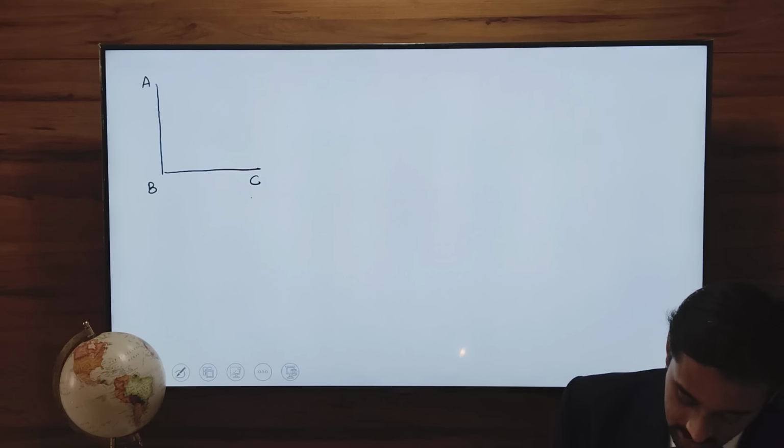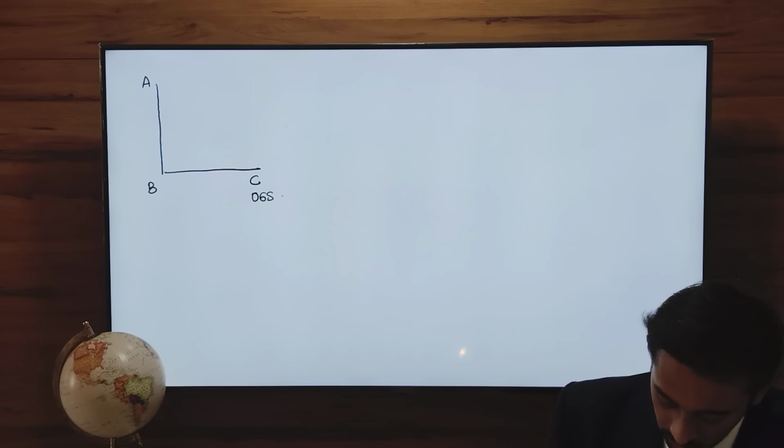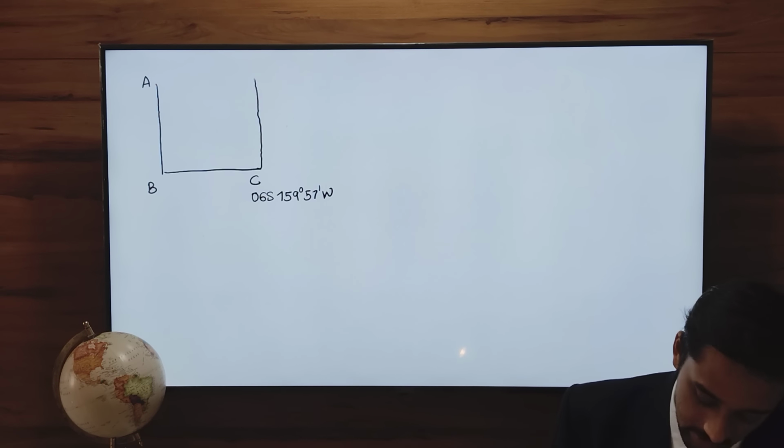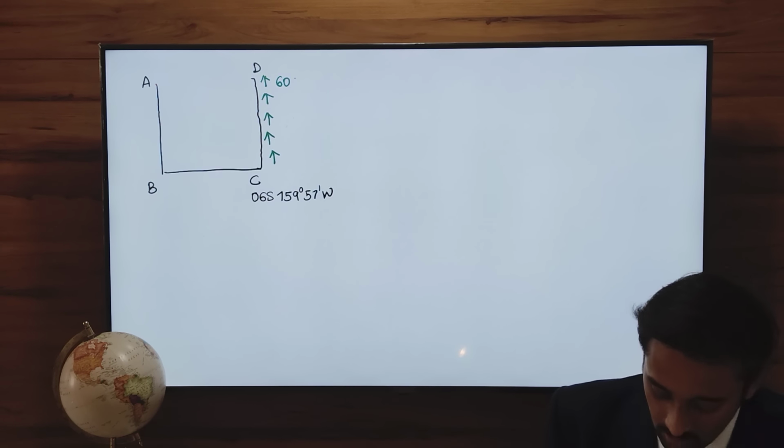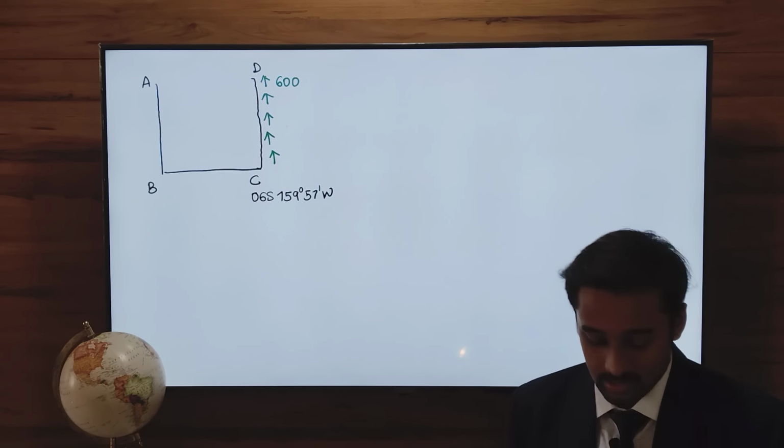So this was B, C. C was at 6 south, 159 degree 57 minutes west. Now from here it goes to D for a distance of 600 miles.